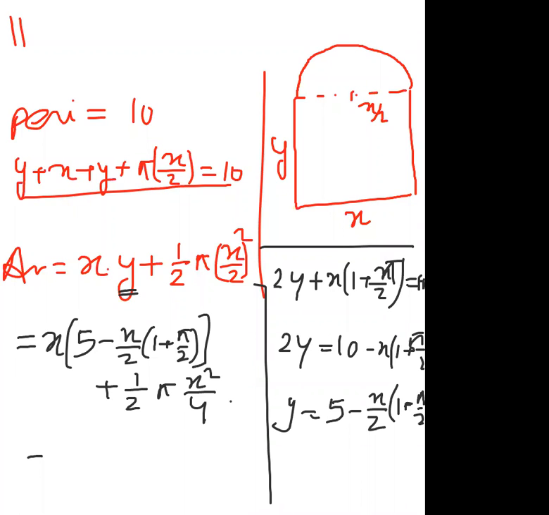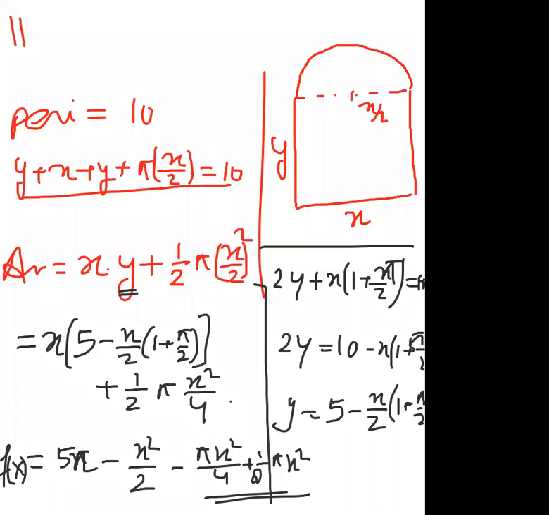One more simplification I'm doing: 5x minus x square by 2 minus pi x square by 4 plus 1 upon 8 pi x square. This is a function of x. We can simplify these two steps also, and then we need to solve this question. This is also one of the very great questions. Similar to this, one more question has come in the board examination, that also I'll tell you. First of all, see this once.